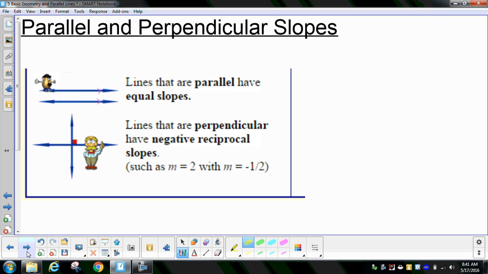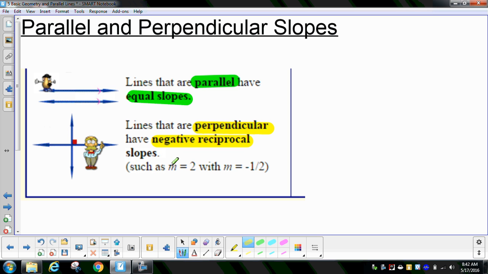We talked about parallel lines and perpendicular lines and how their slopes are related. So in the coordinate plane, if I have two lines that are parallel, their slopes are going to be equal. They're the same value. If the lines are perpendicular, meaning they intersect and form 90-degree angles, they're going to have slopes that are negative reciprocals.